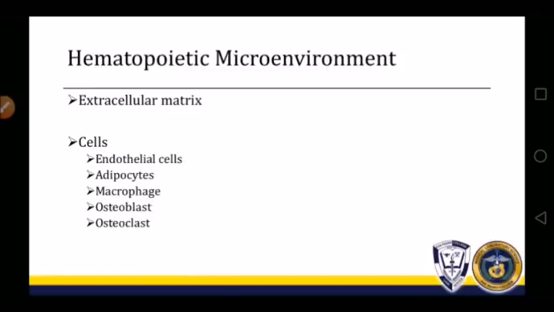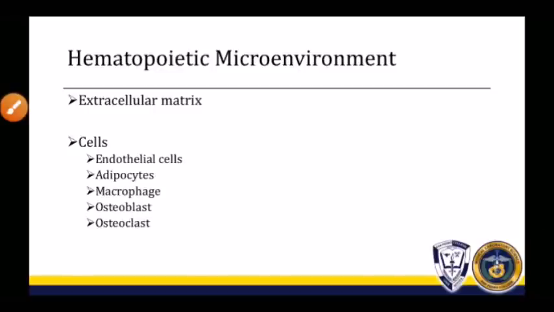What is in the bone marrow that makes it very suitable for hematopoiesis? Well, the hematopoietic microenvironment of the bone marrow is very ideal for the hematopoietic stem cells for it to do its work. Unsa din na sa environment sa bone marrow?